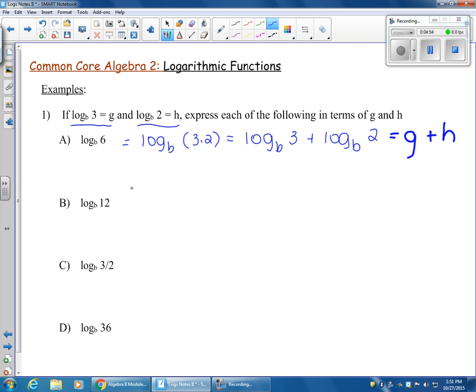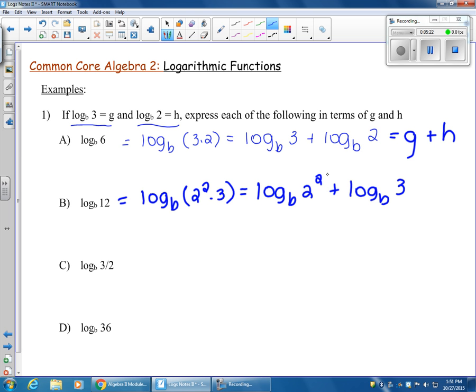For the second one, we're rewriting 12. So 12 is 4 times 3, and 4 can be written as 2 squared. So we have log base b of 2 squared times 3, which is log base b of 2 squared plus log base b of 3.